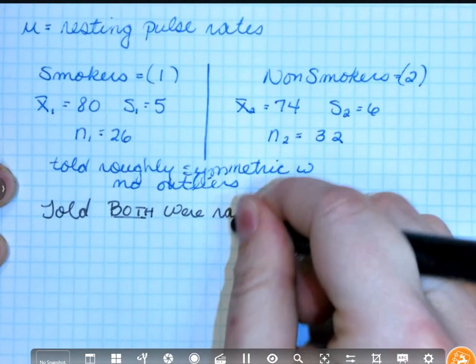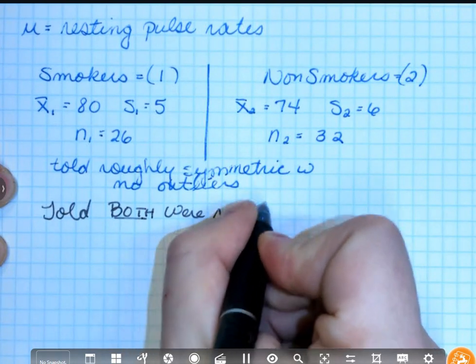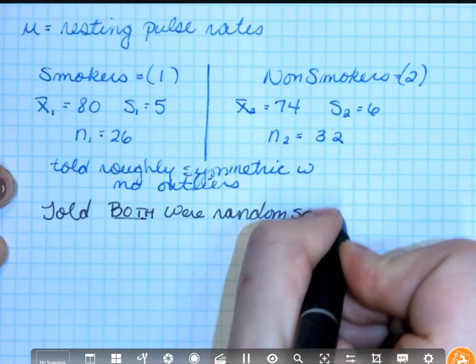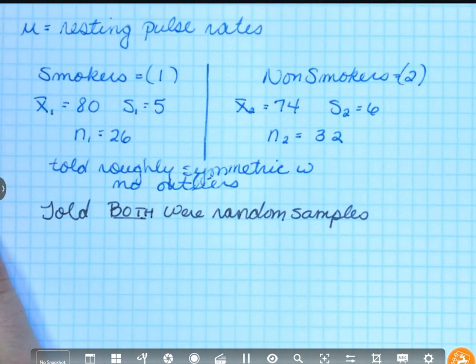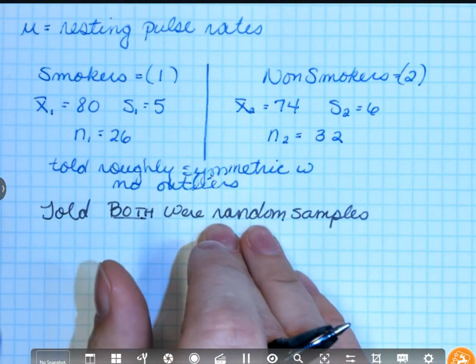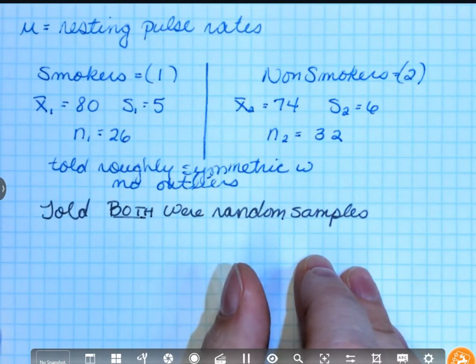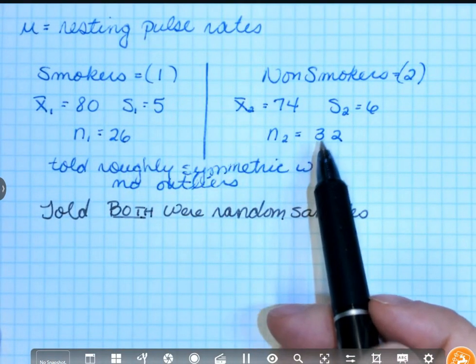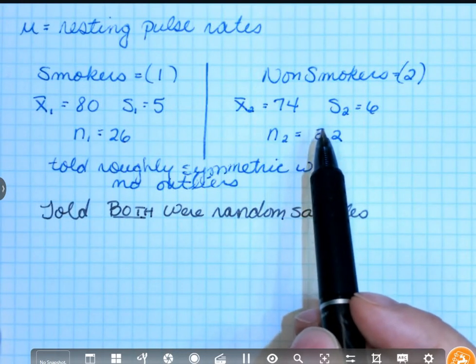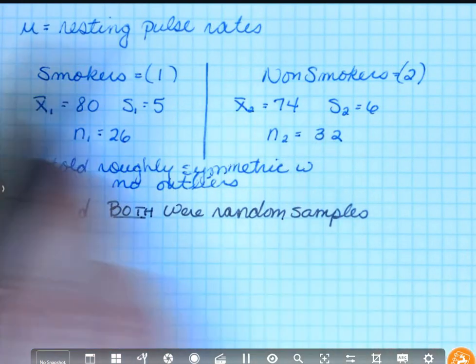Random, that spells with an M. What else do I need? So we said independence, which is random samples. Am I going to really worry about the 10% condition here? I have a feeling that there are more than 260 smokers and 320 non-smokers out there. So I'm not really going to worry about that. You only worry about that when you think it might be close. So what comes next?